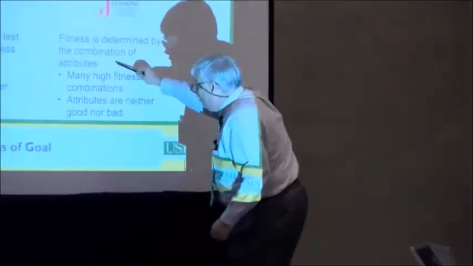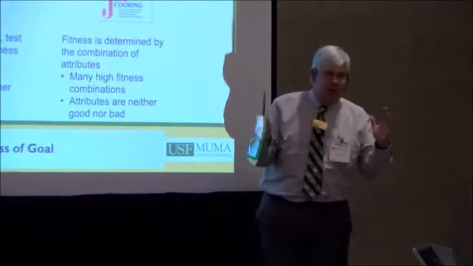And here, fitness is determined by the combination. Individual attributes don't matter, or you can't predict what their impact is going to be without knowing the rest of the combination. So, for example, if I were to add half a teaspoon of baking powder to a vindaloo curry, chances are nobody would notice, because basically vindaloo burns out your taste buds.